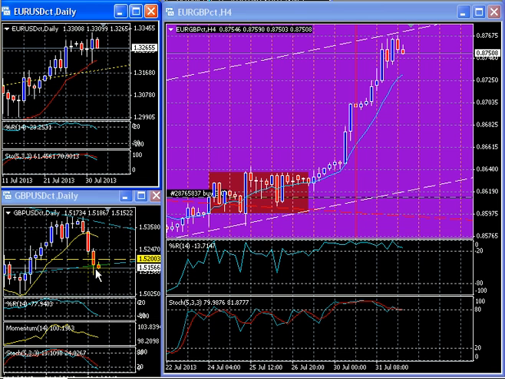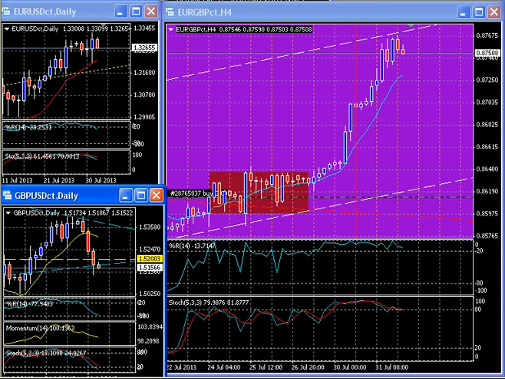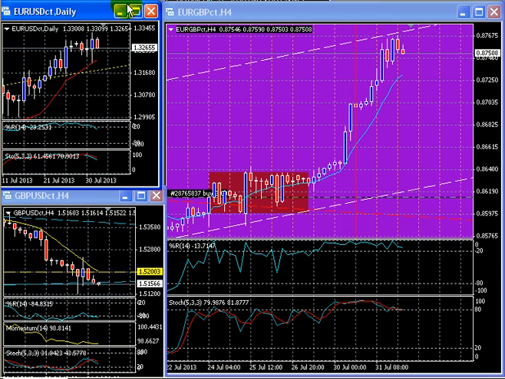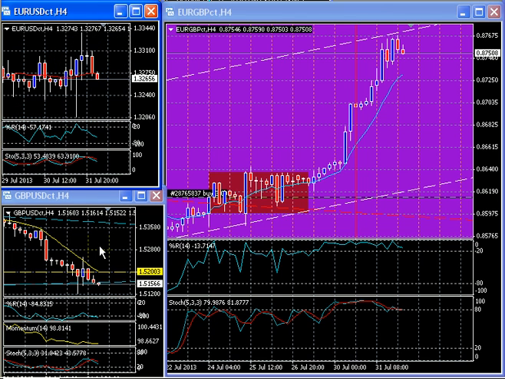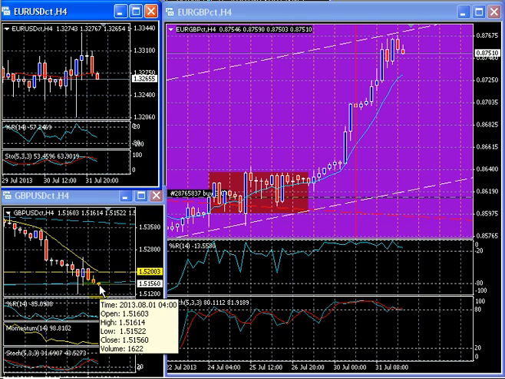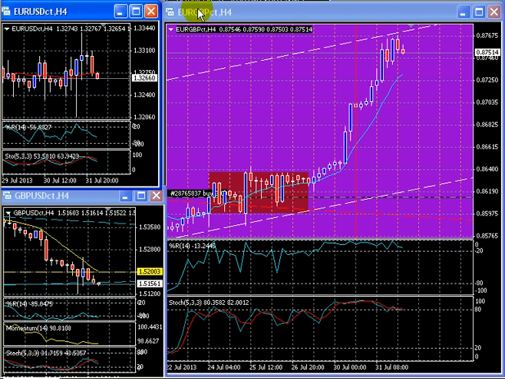But as far as cable is concerned, looking at it on the 4-hour as well, let's see if we can get a side by side here, wherein prices are actually correcting, as made mention, and also here with cable.